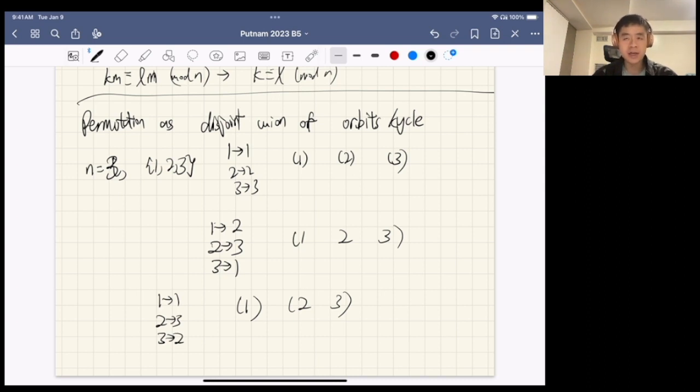Why does this work? Because if we have pi as one of the permutations, and we do the cycle decomposition of pi, then we can easily see the cycle decomposition of pi square.